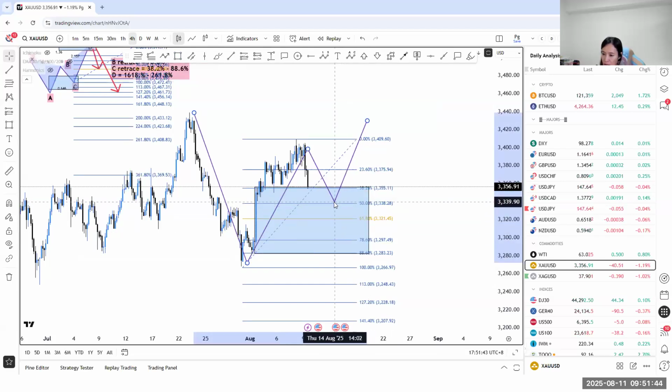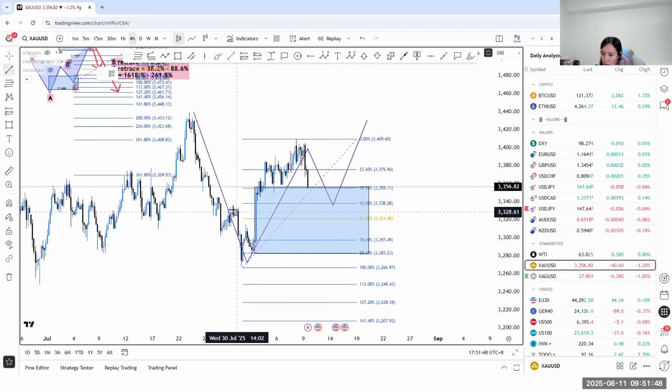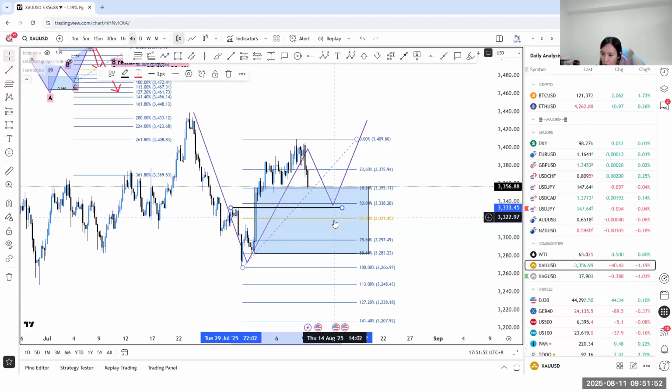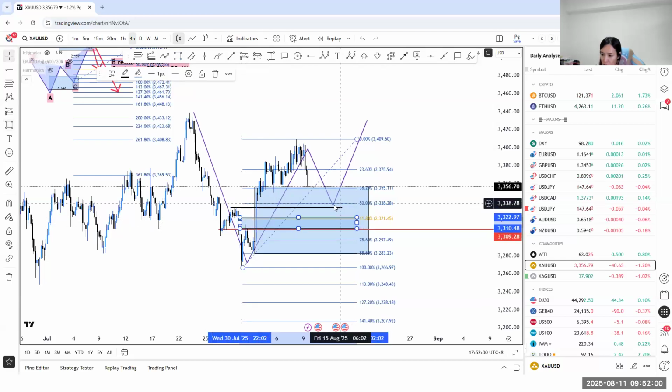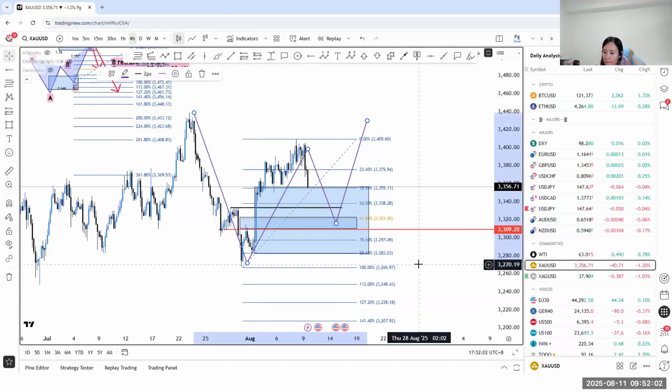It could be somewhere around here, which is an overlap support, or it could go all the way to somewhere between this level, where we have the zones, all the way up here. We don't know yet, okay? So you need to wait for this one to pull back, or bounce from this level.